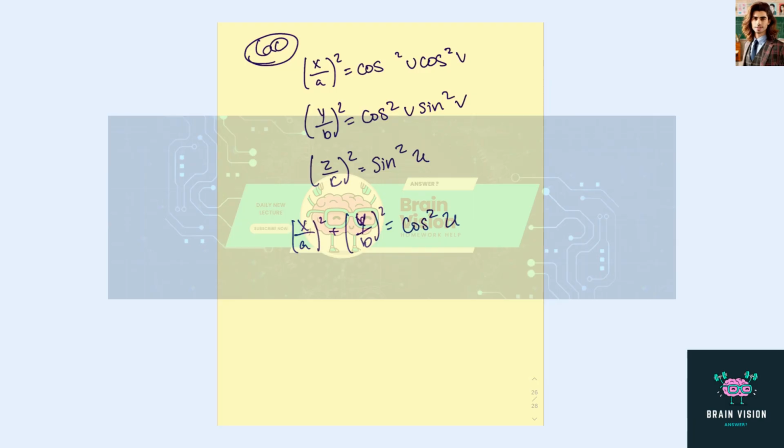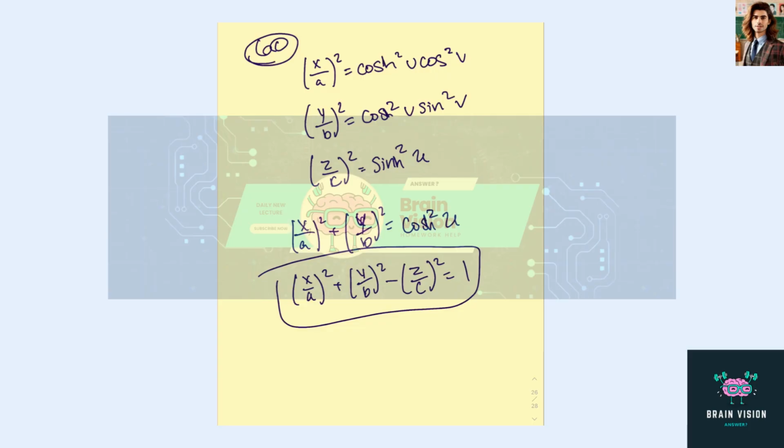And then when we subtract this right here, it'll give us a cosh squared minus sinh squared, because this is h and this is h. So ultimately what we'll end up getting is 1. And that right there is the equation of a hyperboloid of one sheet.